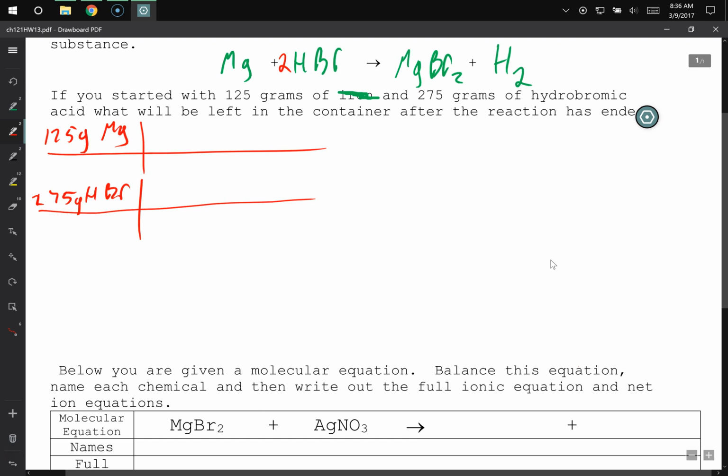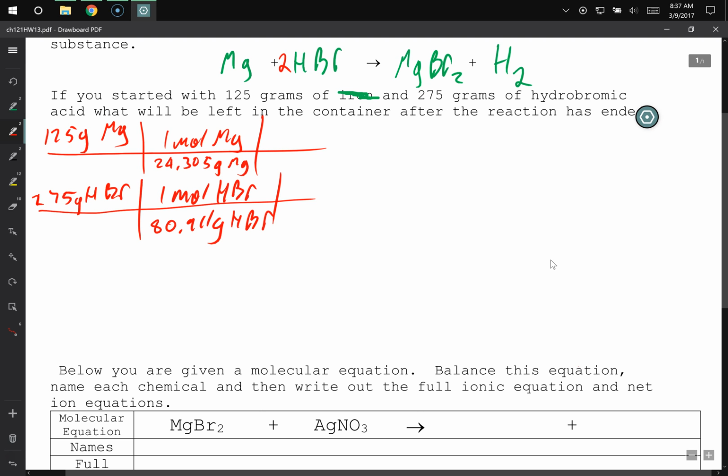So the magnesium's mass is 24.305 grams of magnesium for 1 mole of magnesium. And the hydrobromic acid is 80.911 grams of hydrobromic acid for 1 mole of hydrobromic acid.